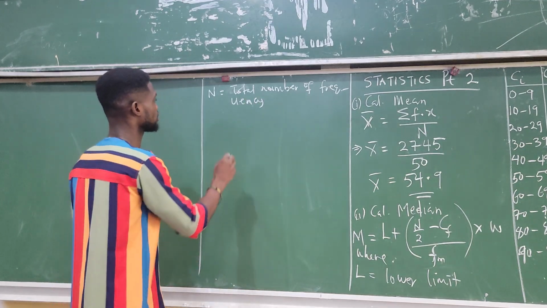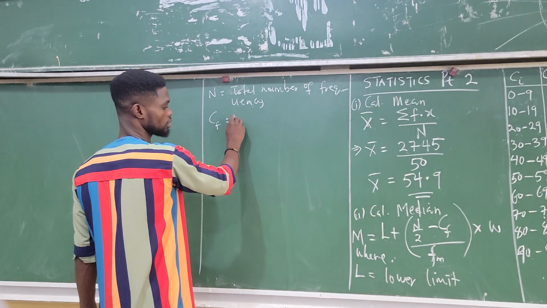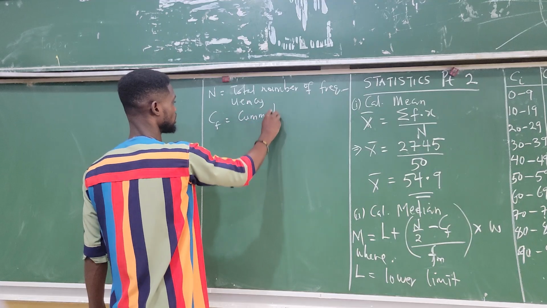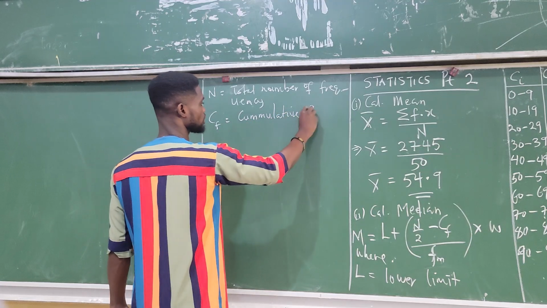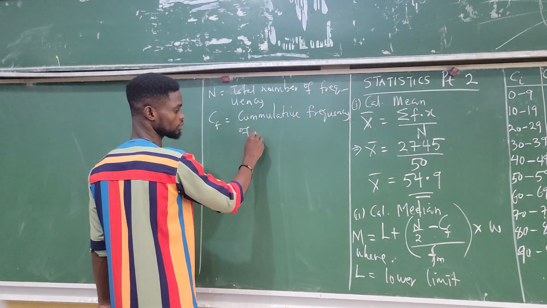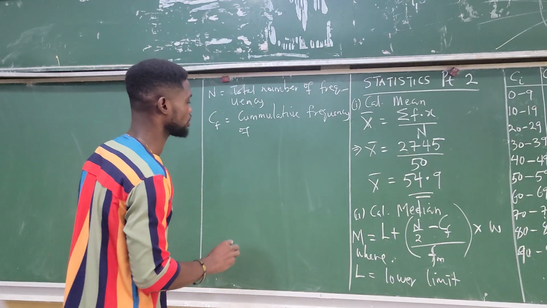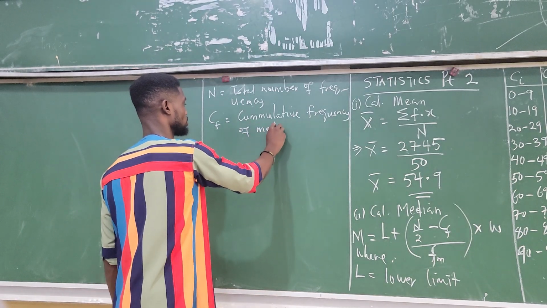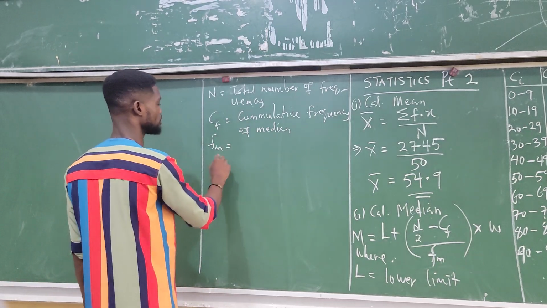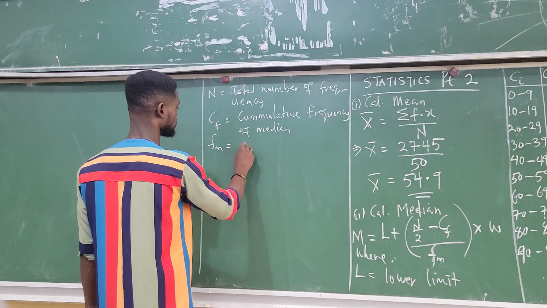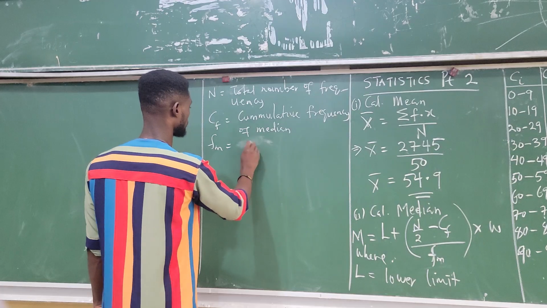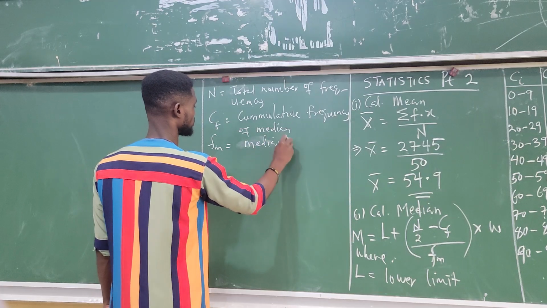And your CF means cumulative frequency of median. And the FM means median frequency.